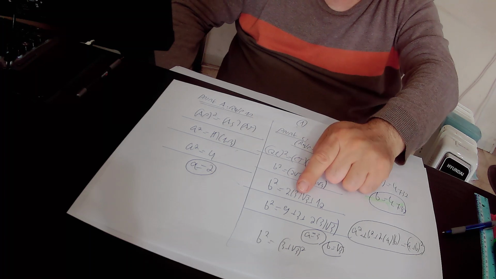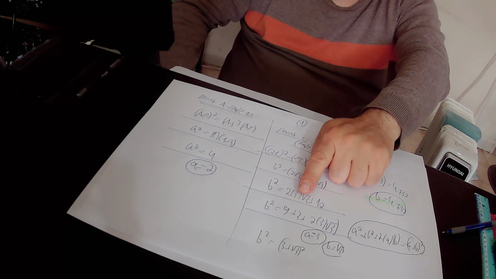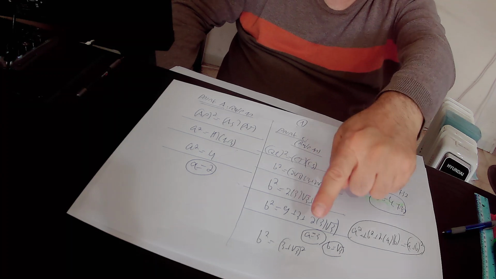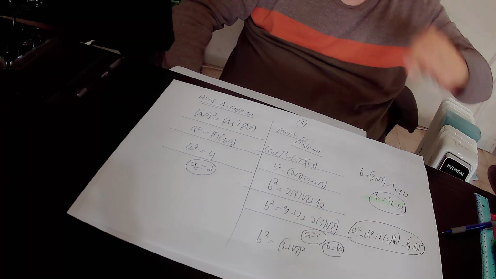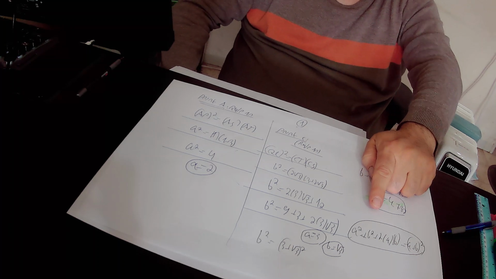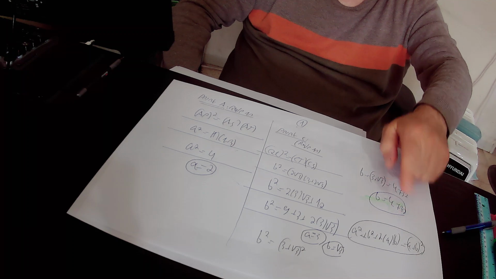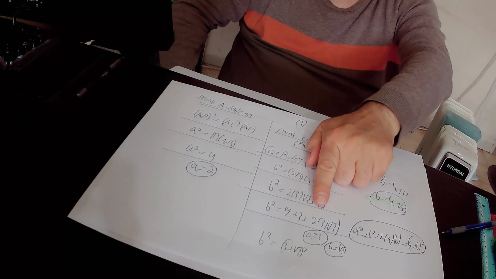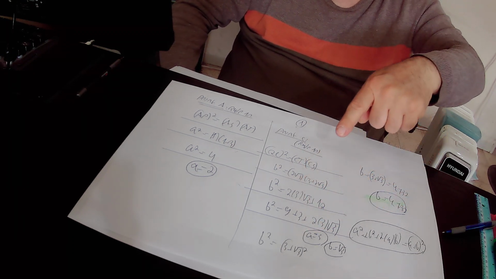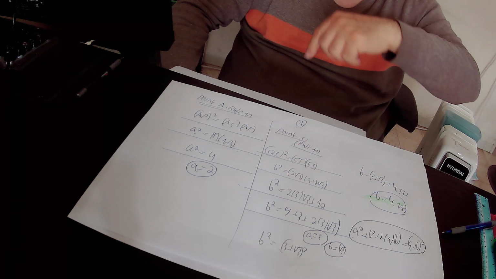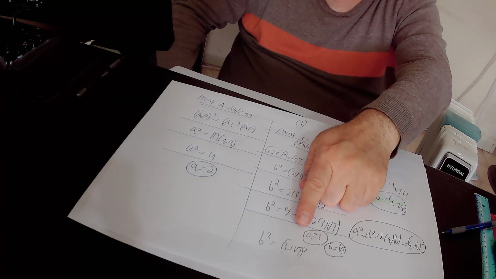So in conclusion, 9 plus 3 plus 2 times 3 times square root of 3 equals 3 plus square root of 3 squared. According to this algebraic identity, we substitute this expression by 3 plus square root of 3 squared, and according to the equation, it equals B squared. So B squared equals 3 plus square root of 3 squared.